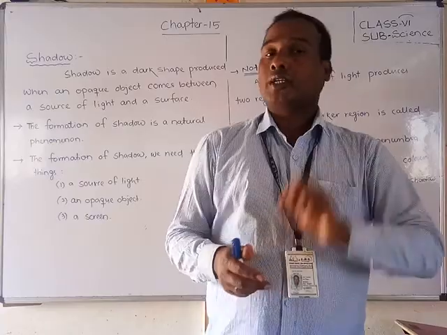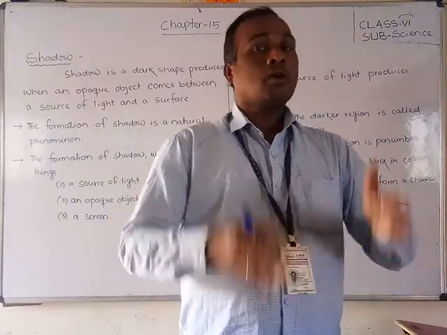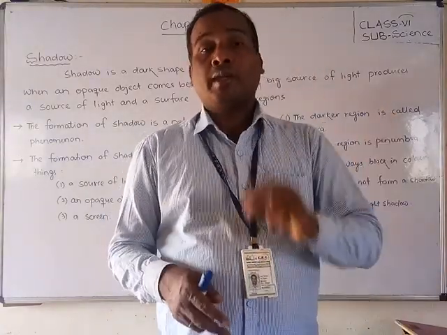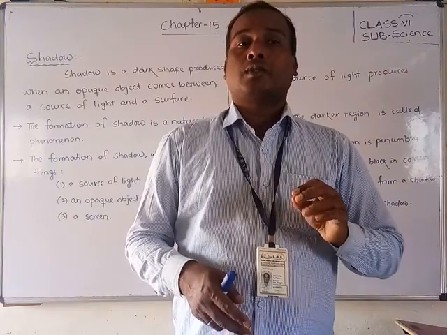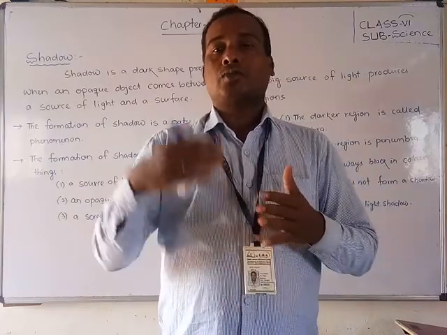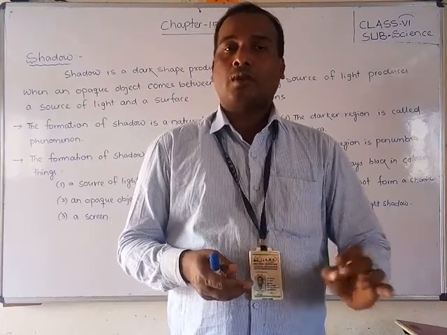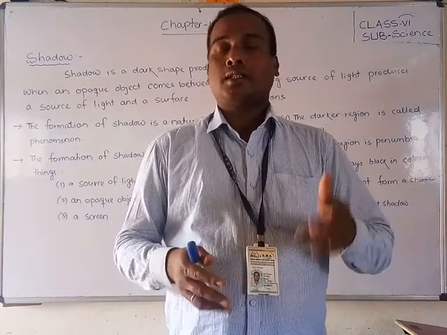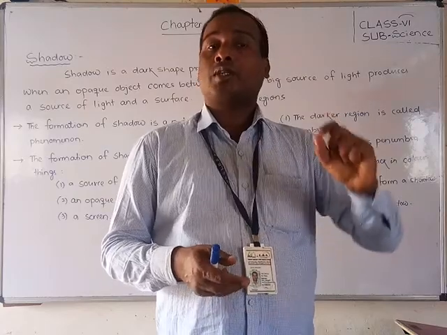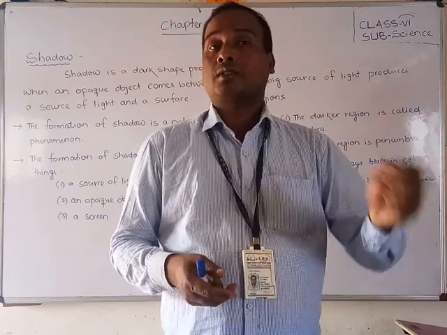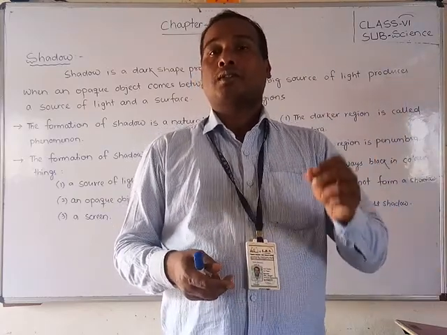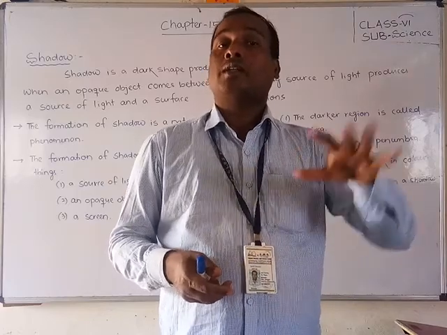Okay students, very carefully in this video you have learned what a shadow is and the three main things that help make a shadow: a source of light, an opaque object, and a screen. And next, very important for higher classes or entrance exams: why birds have no shadow while they are flying.